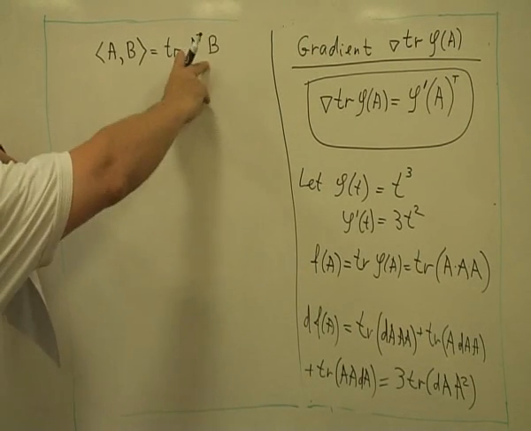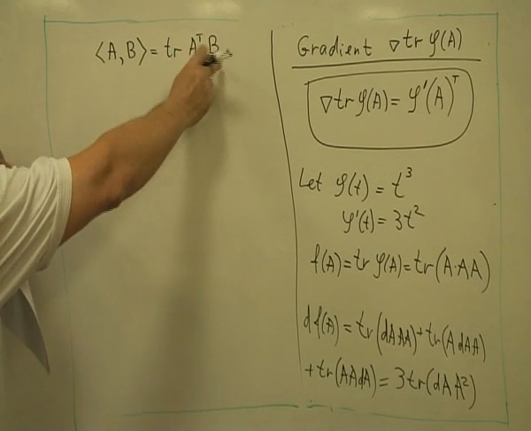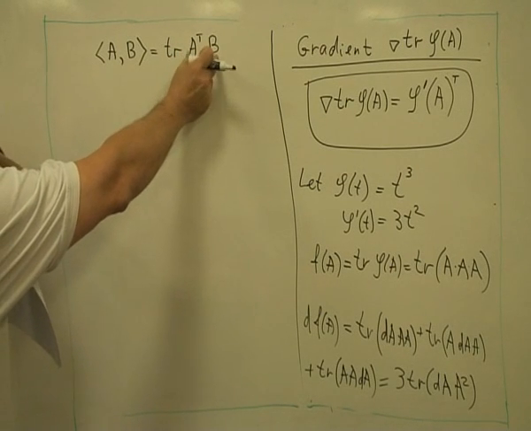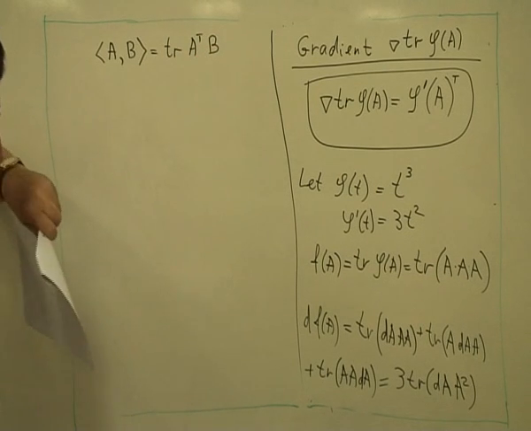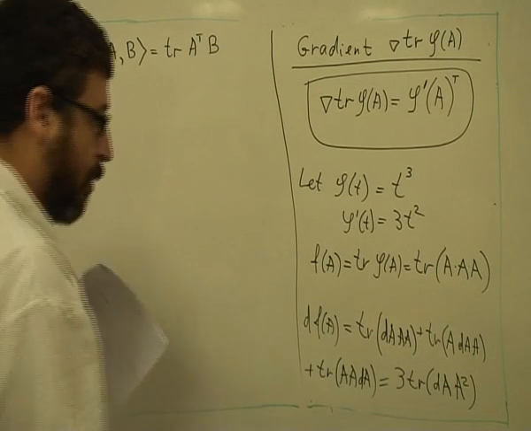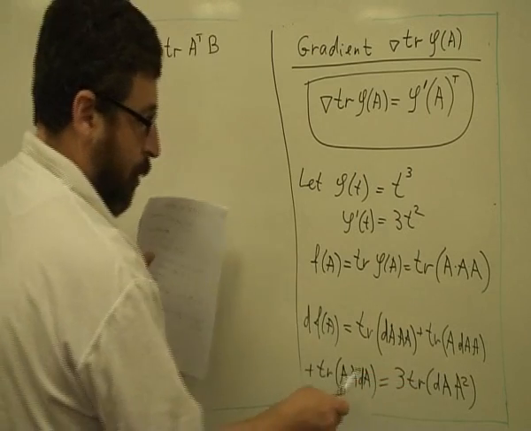It's the sum of element-wise products of elements of A and B. Now I am ready to continue.